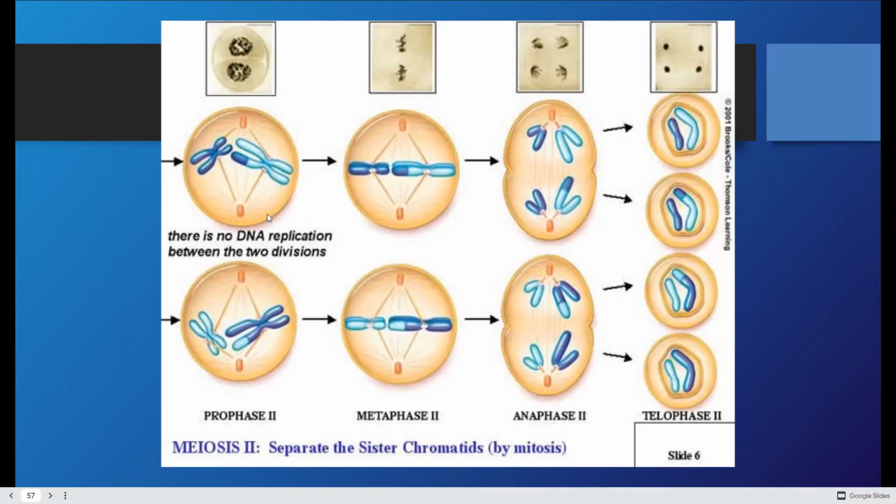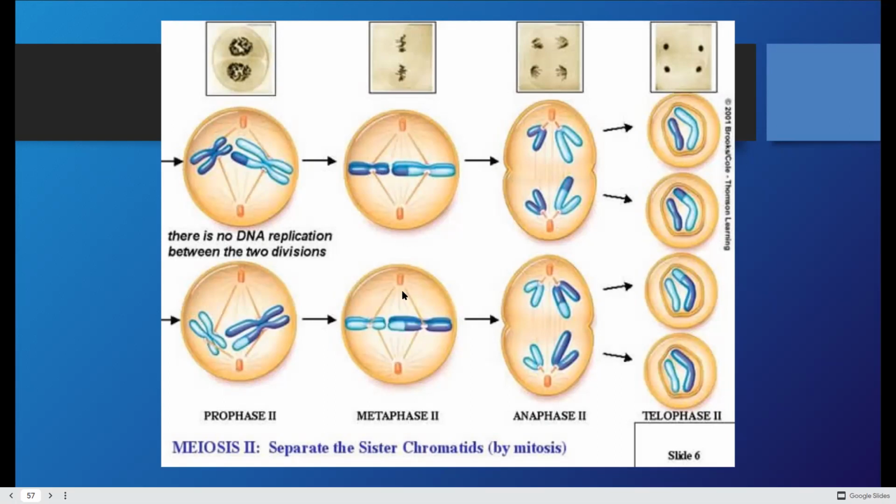And again, once the centrioles move to the opposite direction, it will now start prophase 2. And once again, the chromosomes will align at the equator, and it will now start the metaphase 2. This is the metaphase 2.